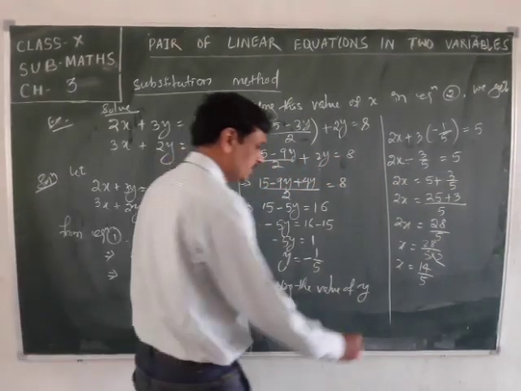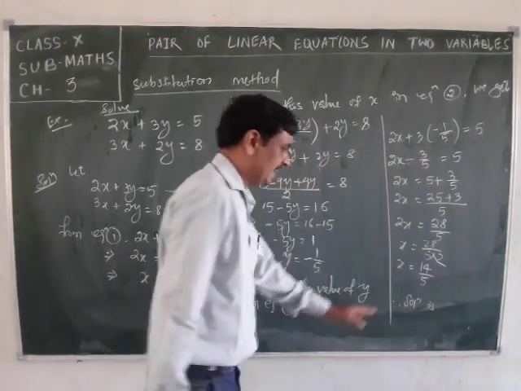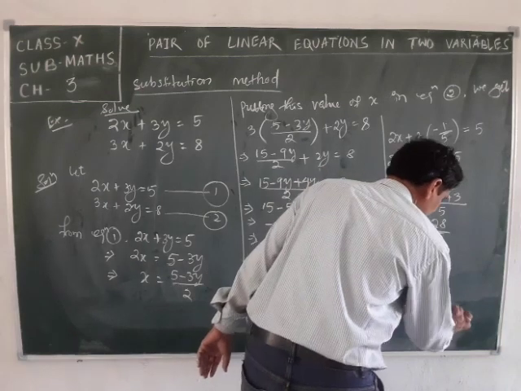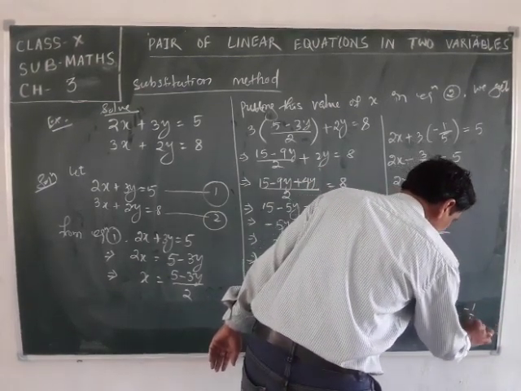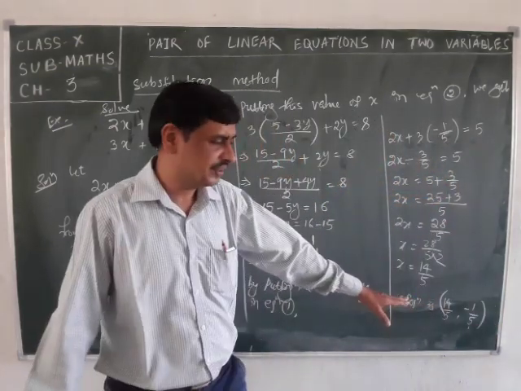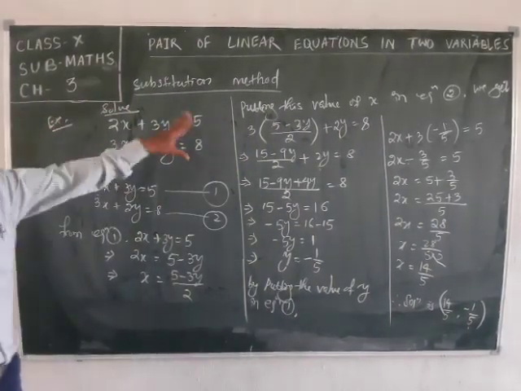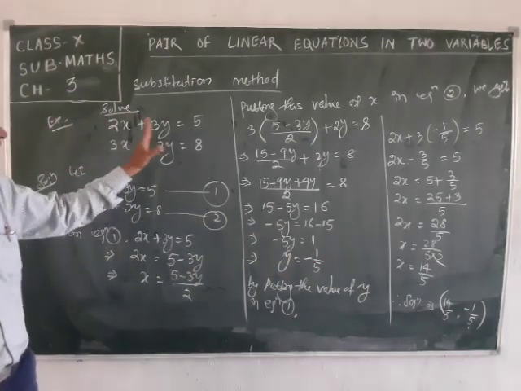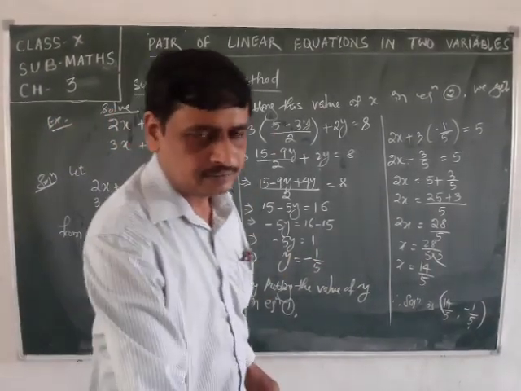Therefore, the solution is x is 14 by 5 and y is minus 1 by 5. It is the value of x and y which will satisfy the given equations. If we put those values of x and y, the equations will be verified.